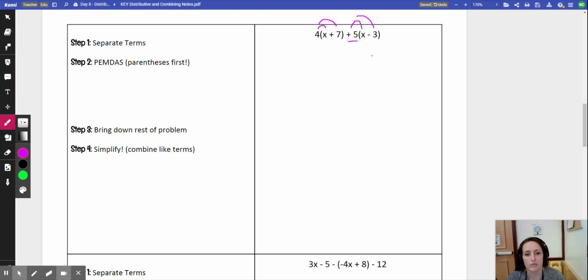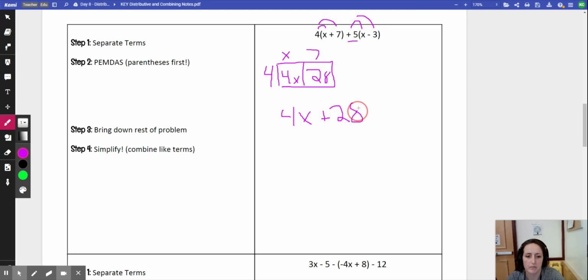Okay, so for the first distributing, I'm going to put the 4 on the outside. And I've got the x and the 7. 4 times x is 4x. 4 times 7 is 28. So I know from my first distributing, I have 4x plus 28. Now my second distributing, I have a +5 on the outside.